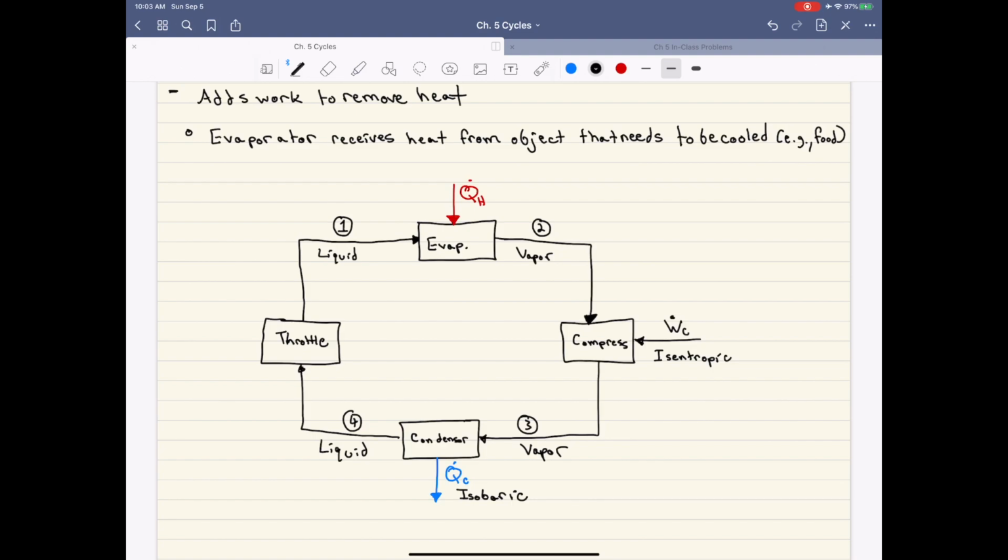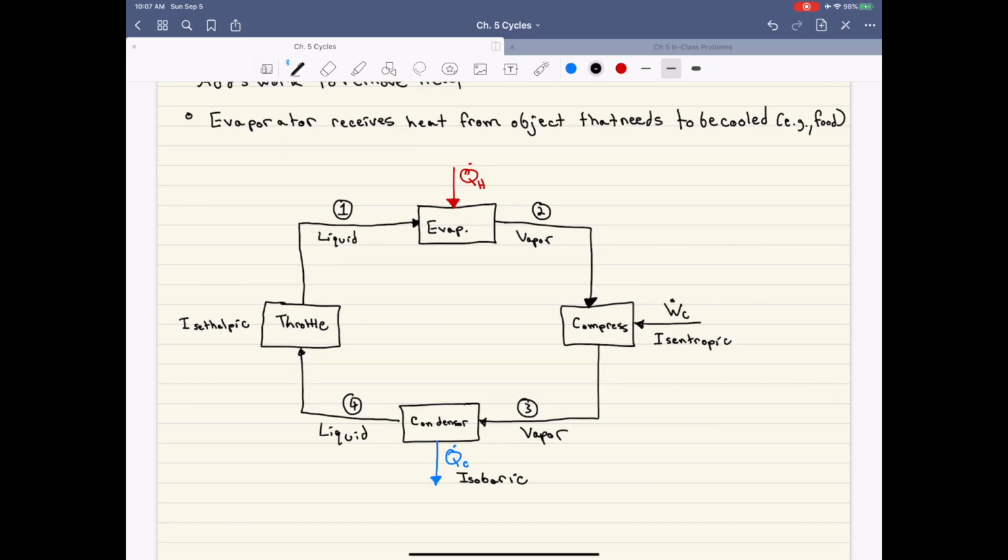Then this liquid goes through a throttle valve, which reduces the pressure of the liquid even more. As it passes through the valve, there's no work and no heat, so the throttle process here is isenthalpic.